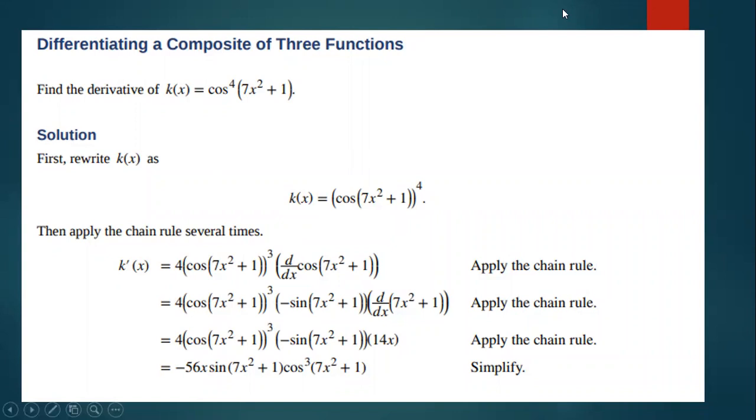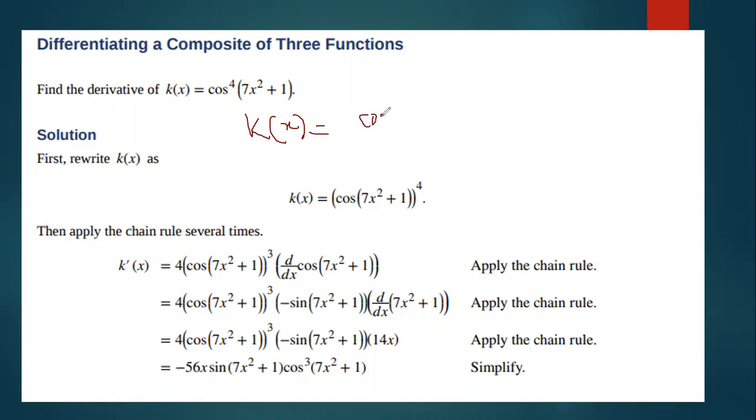Let us say मेरे पास k of x है cos power 4 with 7x square plus 1. तो सबसे पहले हम क्या करेंगे, k of x will be equals to what. जैसे मैंने स्क्वायर का बताया था, अगर वो स्क्वायर है तो होल के साथ था.